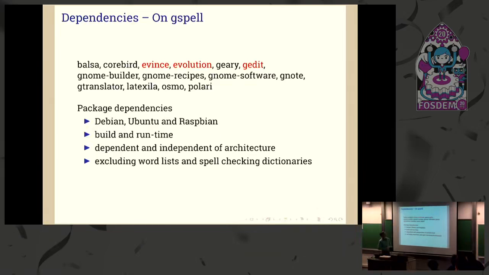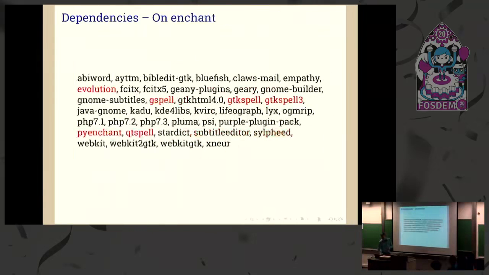Long list. So with these criteria I made an overview. So on gspell you have these things depending on where they get their spell checking, and gspell itself might get it in another place. So this is a fairly reasonable overview.